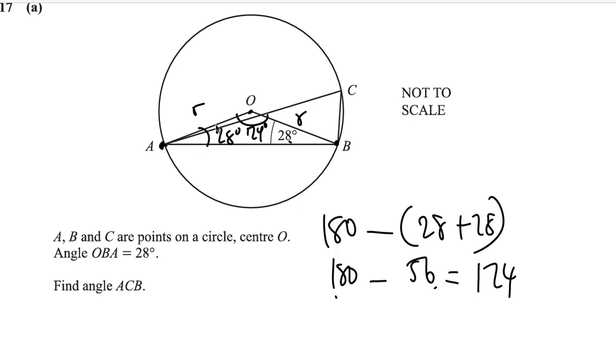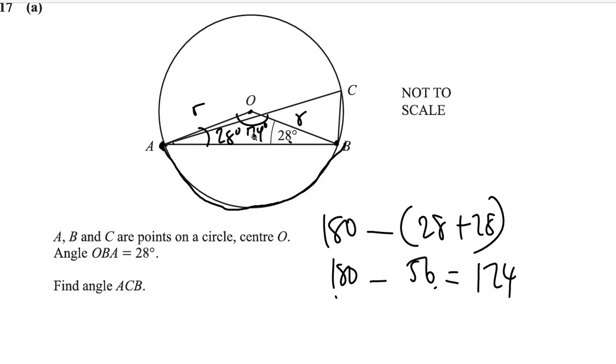Then you should remember the property that says that the angle at the center is twice the angle at the circumference. That's when they lie on the same arc, right? So this is the arc that subtends angle AOB, and ACB also has this arc.